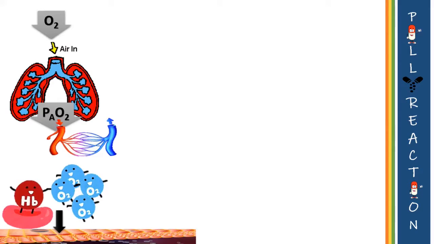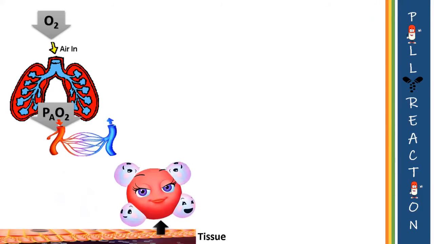Remember that? Then after metabolism, carbon dioxide is released and goes to hemoglobin, forming carbaminohemoglobin, to the venous blood and to the lungs where carbon dioxide is expelled out.